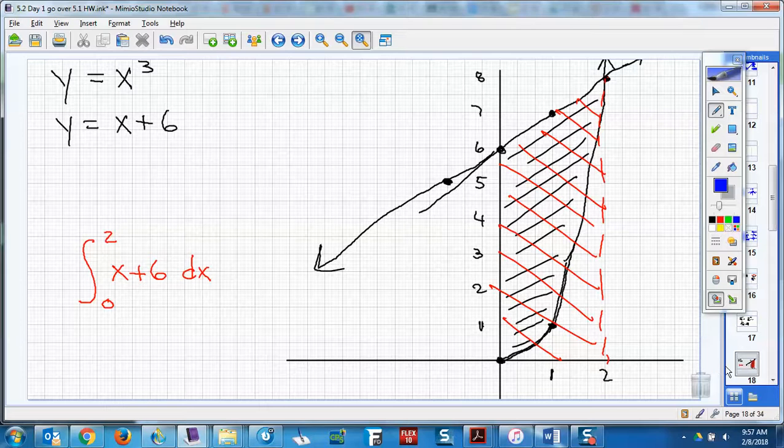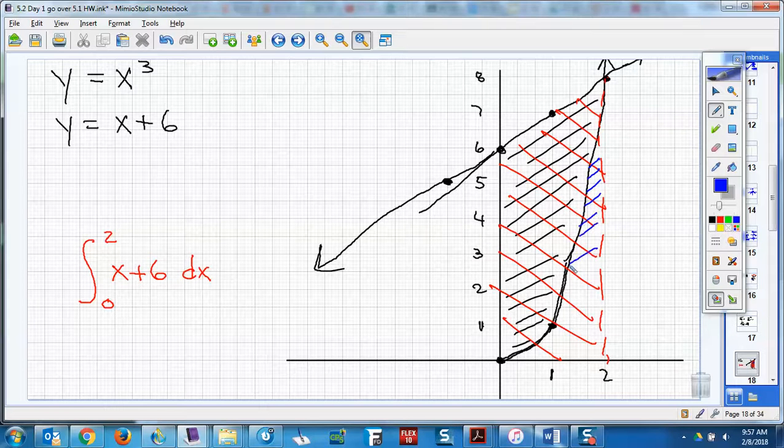Well, I didn't know how to do that geometrically, so. Well, we don't know how to do it geometrically. That's why it said express the integral, but don't find it. Okay. Go ahead. Subtract the area under the x cubed curve.